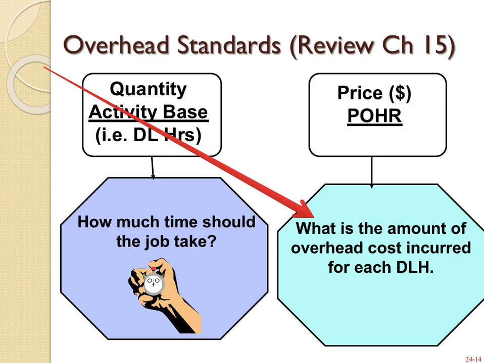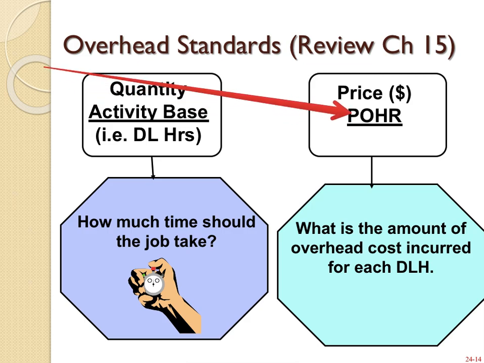So in other words, what amount of overhead cost is incurred for each direct labor hour. Because we can't really measure rent and utilities and all of that stuff. So instead we say, well, we're going to assume that if something takes a certain amount of time to make, it's also using a certain amount of rent, utilities, supervisor salaries, and so on and so forth. So your quantity is going to be whatever your activity base is that you're basing your predetermined overhead rate on. And then the dollar piece is going to be that predetermined overhead rate.